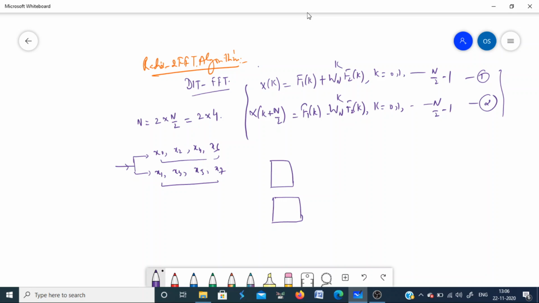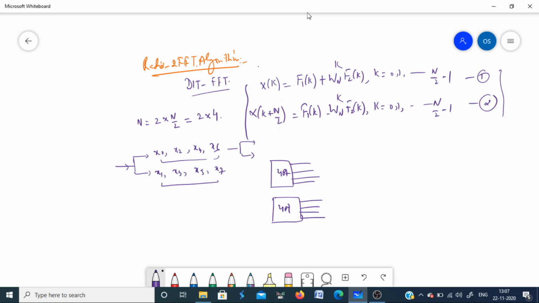So if you know the 4-point FFTs, you can combine them to get the 8-point FFT. And then to find this 4-point FFT, we further divided this sequence into two parts.